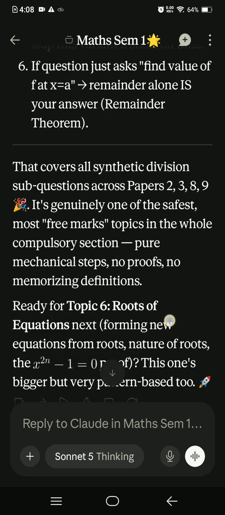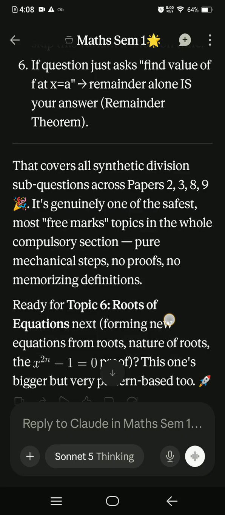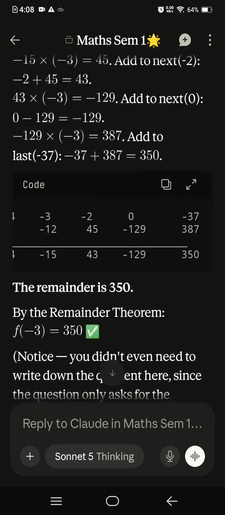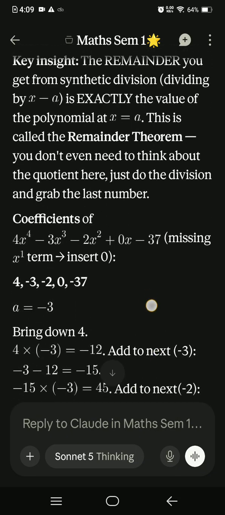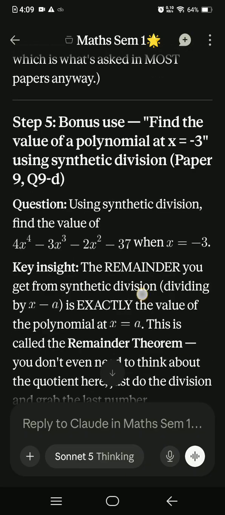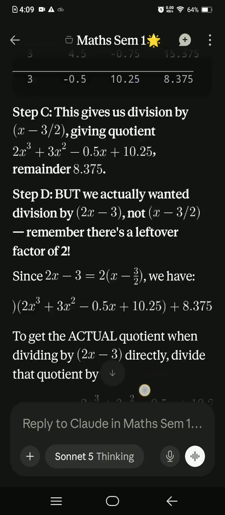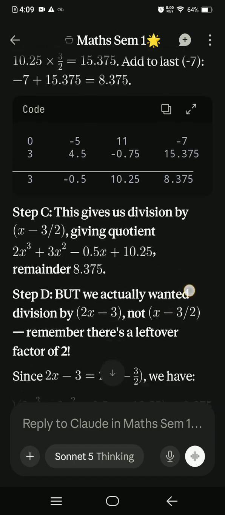It's genuinely one of the safest, most free-marks topics in the whole compulsory section. Pure mechanical steps, no proofs. Actually, proofs were easier than this. It wasn't that difficult, but I don't know about this question, and also these complicated numbers. Anyways.